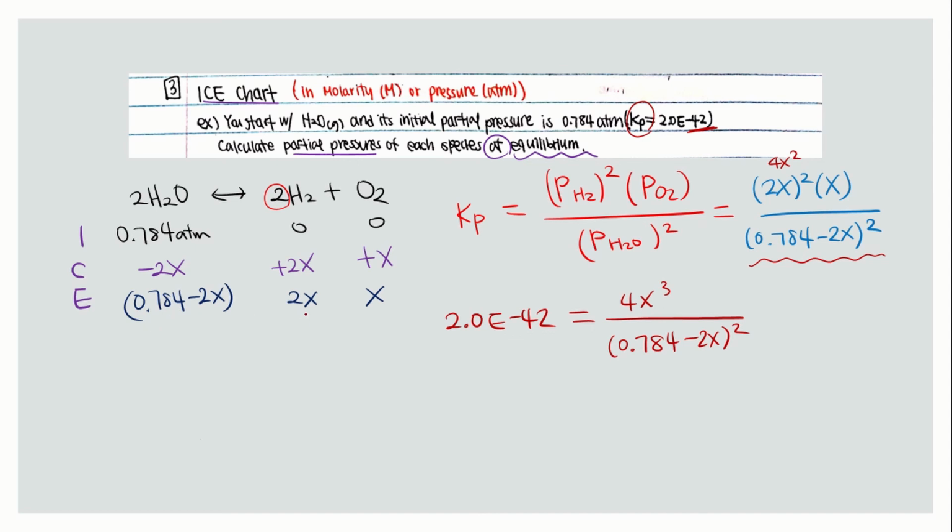So products will not be that much at equilibrium. So the x value will be very small. And because the x value is very small, we can just simply ignore this x value, and we can just think of it as 0.784 squared. Then it will be much easier for you to solve for x.